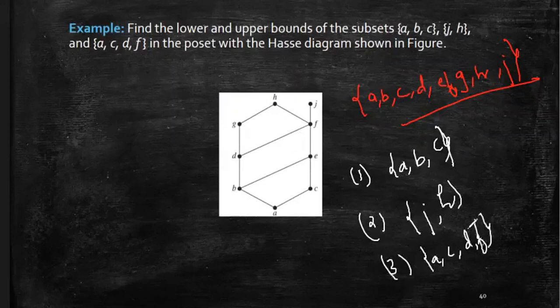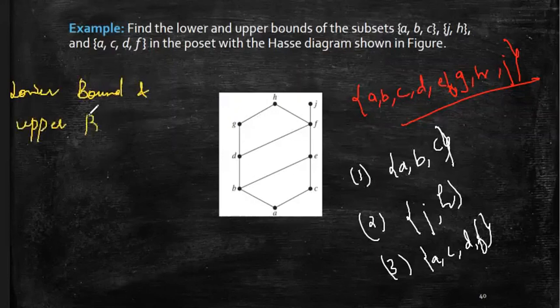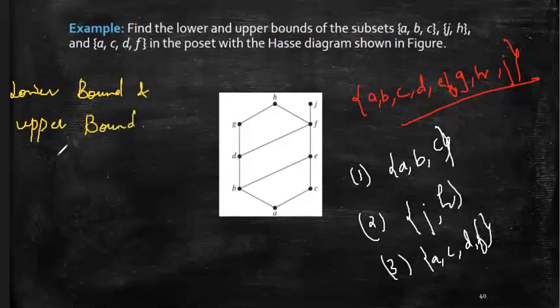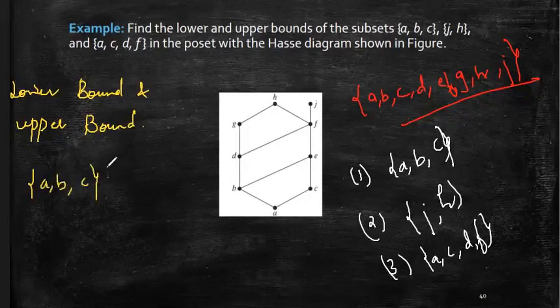Now let's take the first problem, which is for ABC. We have to find the lower bound and upper bound. So we are solving for the lower bound of ABC.